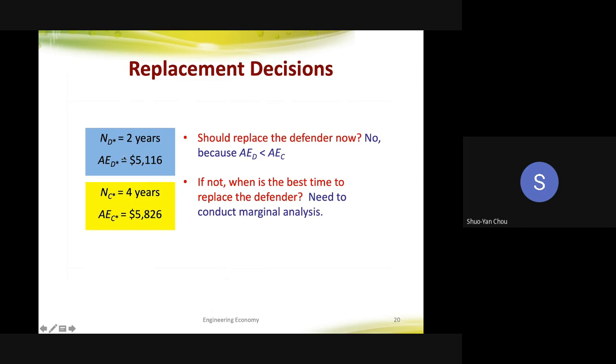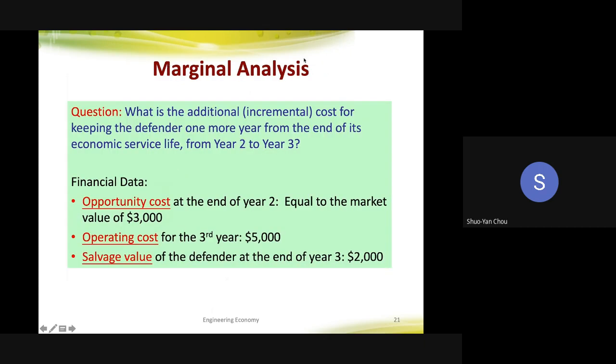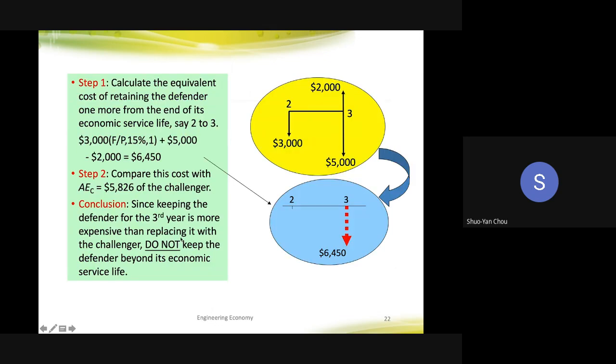The only thing that we want to see is, if we go forward from this value and replace it with a new machine, whether this replacement will be better than the old machine going forward. That's why we consider this marginal analysis. It turns out that we shouldn't keep it, because going forward the cost will be higher and higher for the Defender.